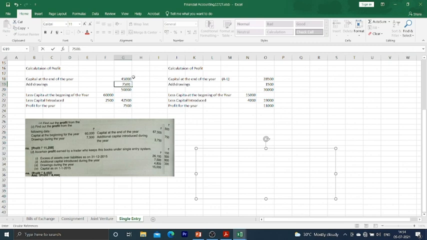Capital at the end of the year, 67,500. Total 75,000. Additional capital introduced, 7,500.